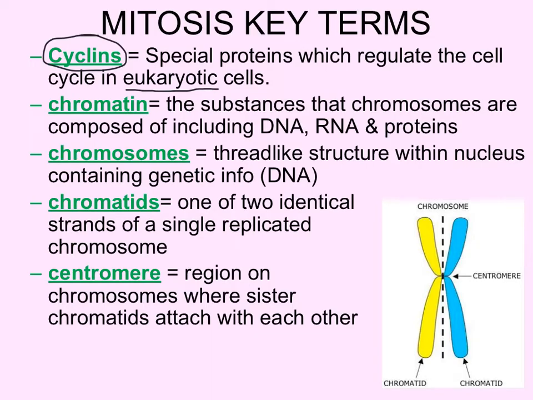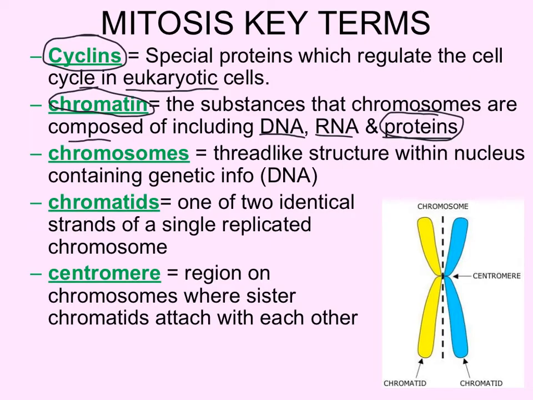The next word is called chromatin. Basically, that is your DNA, which is wrapped around proteins called histones. Your DNA, your nucleic acids, wrapped around these proteins called histones, those combine to form chromatin.